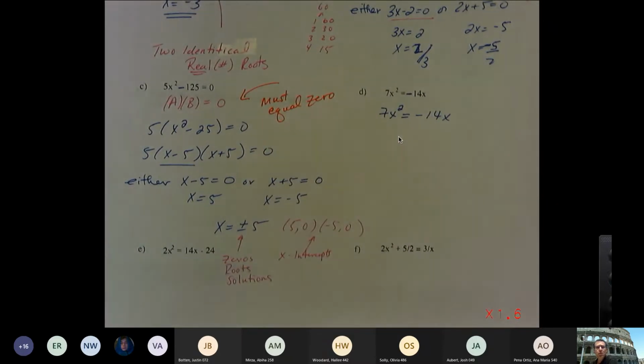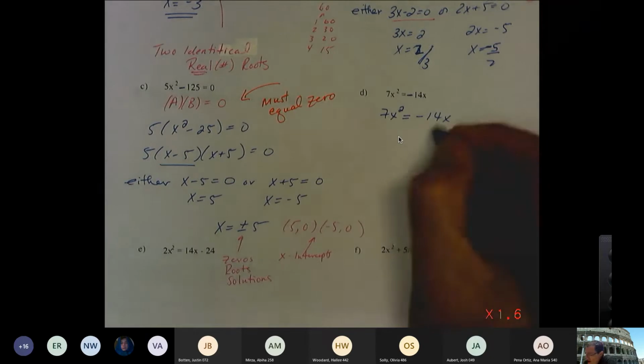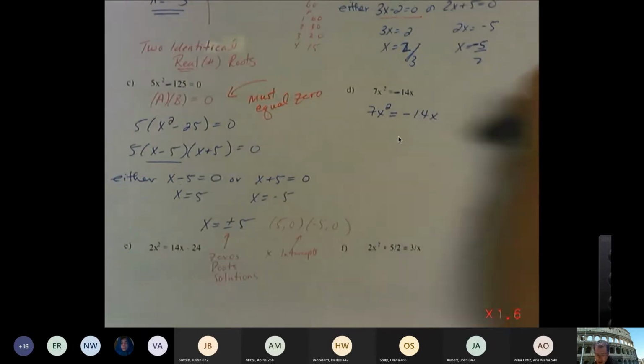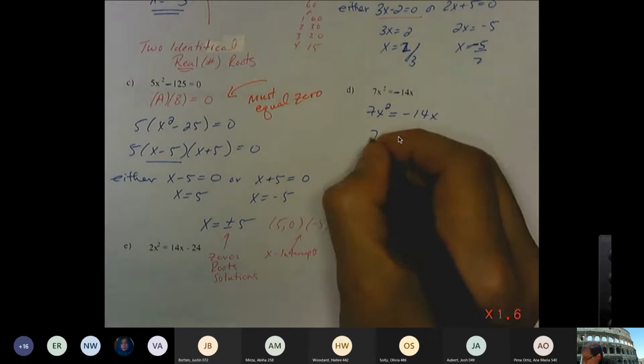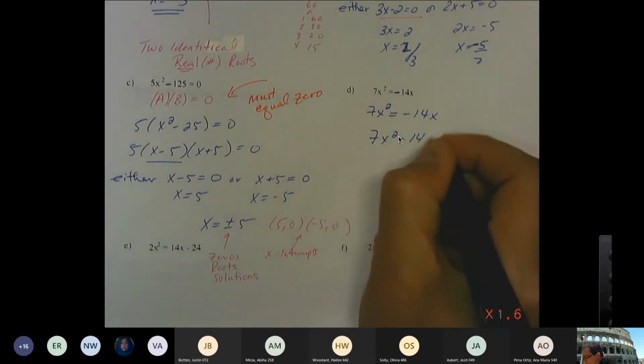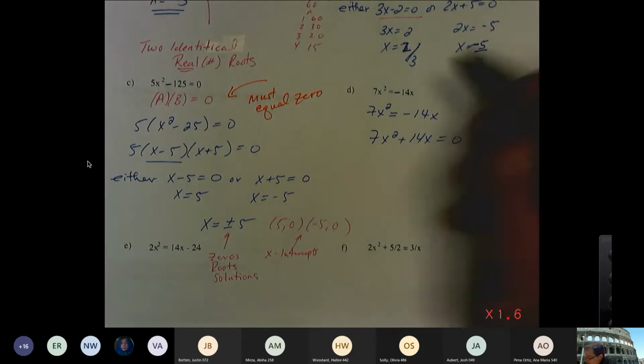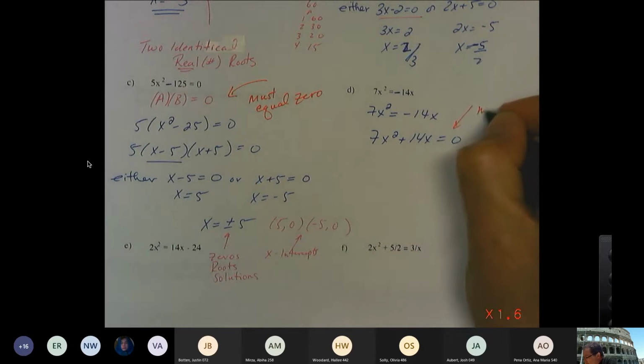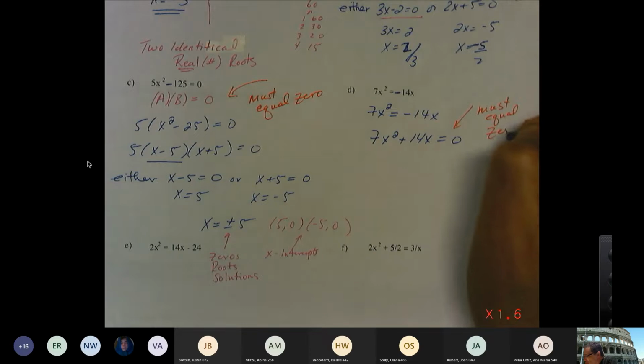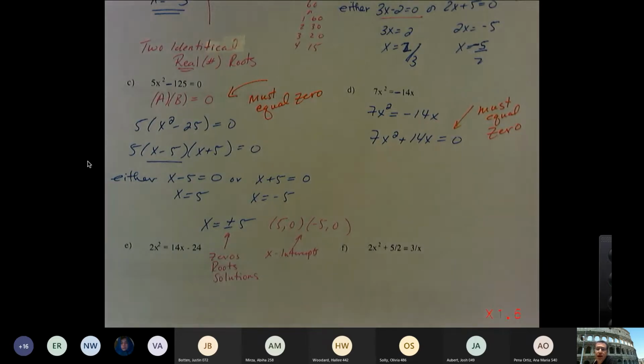This whole thing is about the 0 principle. So if it's not equaling 0, we've got to change it. So it's got to become 7x squared plus 14x equals 0. You must make it equal to 0. Otherwise, there's no point in doing this.